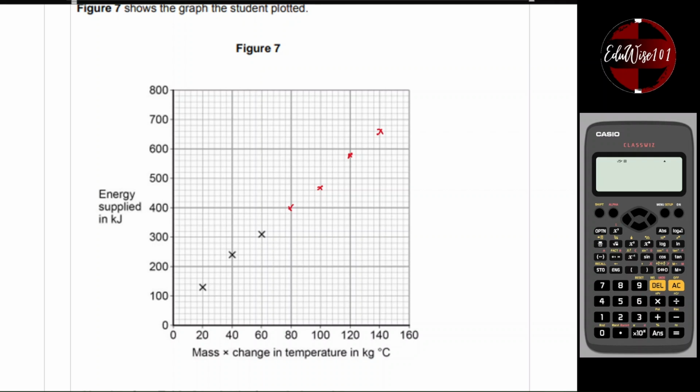Now you should be able to draw a straight line of best fit, and that line will not actually go through 0. If it goes through 0, then you're actually trying to manipulate the line, so it doesn't have to go through 0. The reason, at the start, that will be the room temperature. So when you draw a straight line, let me see if I can draw a straight line in here. So line of best fit will start from there, roughly.